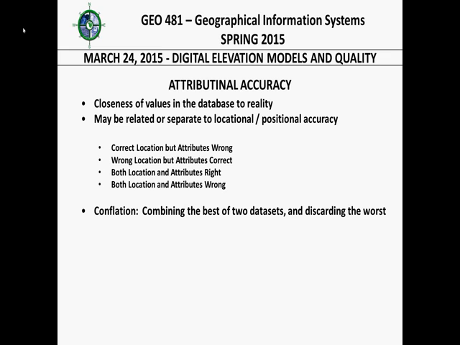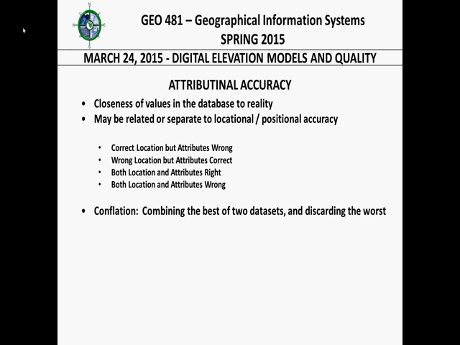Conflation is the act of, and this can happen, you have 2 data sets. One is locationally accurate, one is attributionally accurate. So you have this person's version of the street is dead on right. They've traced it off a photo, it really curves like that. But they don't have much information about the street.